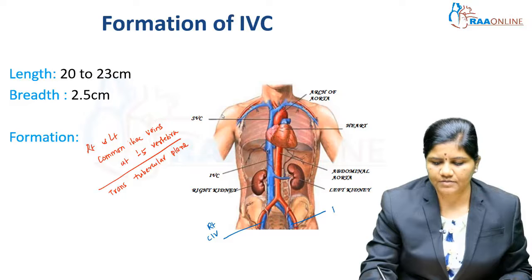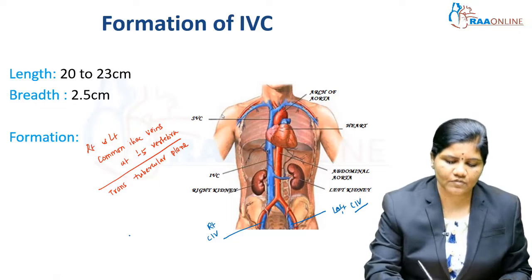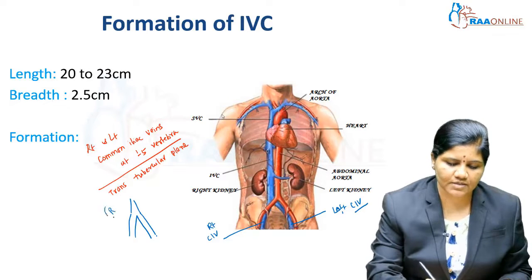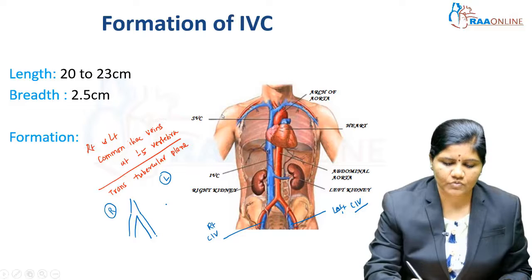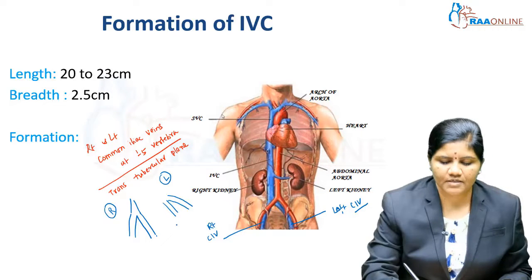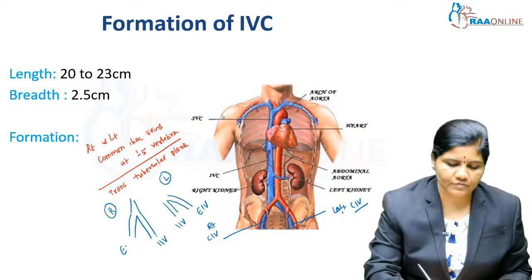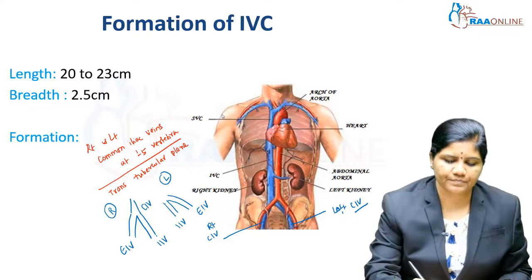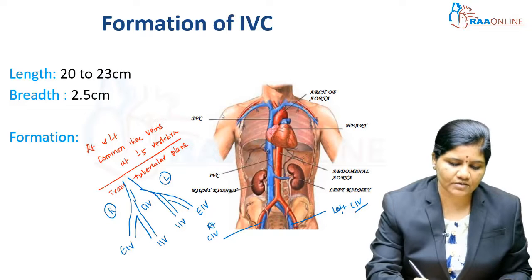This is the left common iliac vein. The common iliac veins are formed by the internal iliac vein and the external iliac vein. So this is the right side, this is the left side. Both right and left internal iliac veins and the external iliac veins together form the common iliac veins. The common iliac veins of both right and left side unite and form the inferior vena cava.